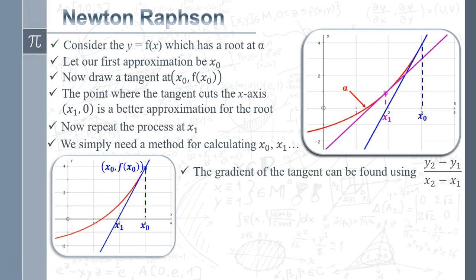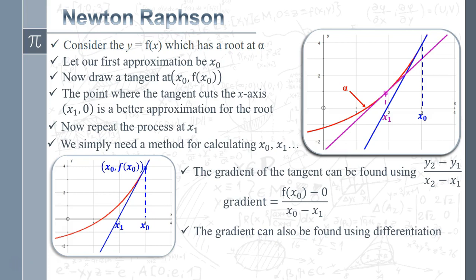So let's do that. We've got y2 minus y1, so that'll be essentially the distance of that line there. We've got the y coordinate at this point, which is f(x0), and the y coordinate here, which is just 0, and then we've got the x distance, which is going to be x0 minus x1.